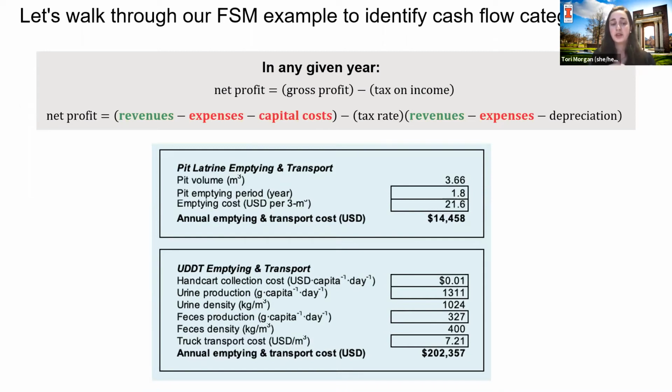That's because with the urine diverting dry toilet, you want to make sure that you keep the urine and feces separated so that you can efficiently recover nutrients afterwards. It makes it a lot easier if you separate the streams rather than having them together. So that's why we have hand cart collection and truck transport, rather than just an emptying cost as shown in the pit latrine example.